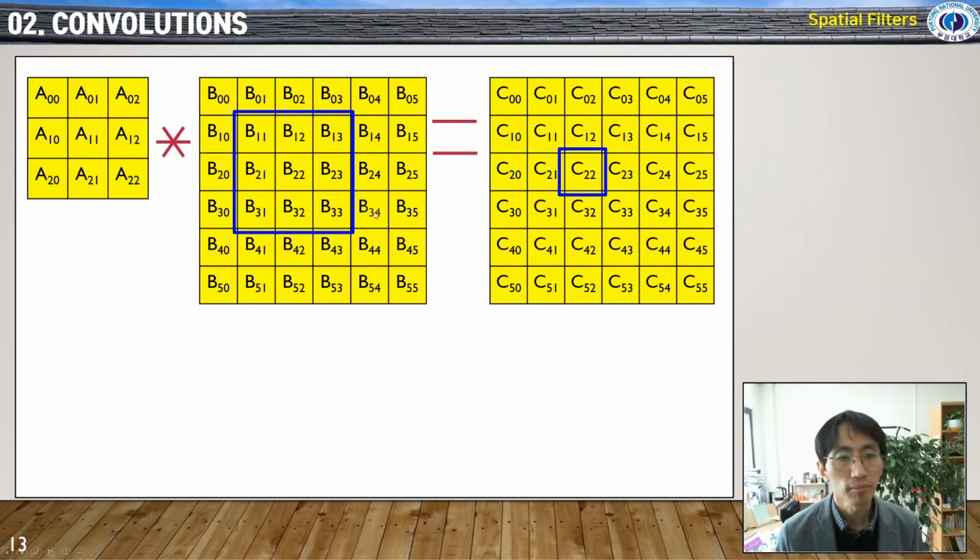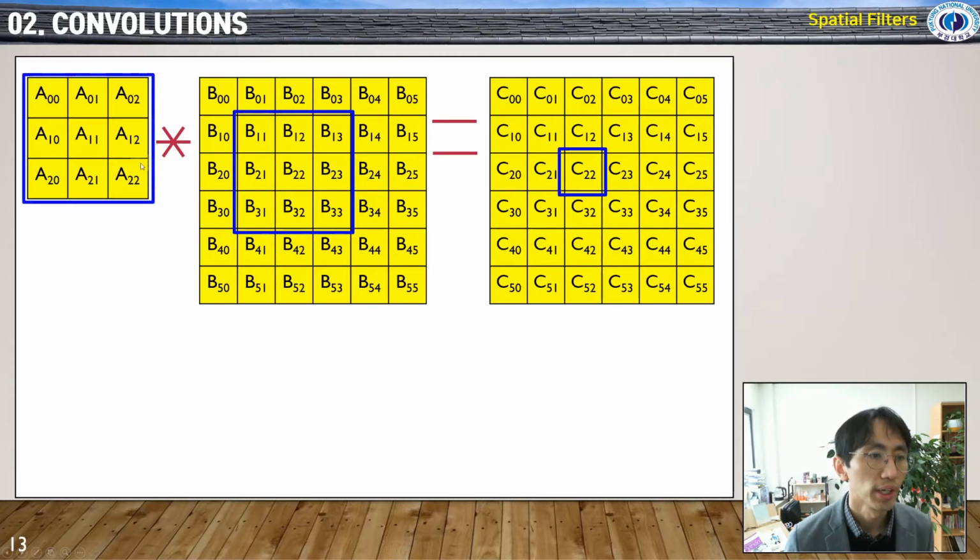Anyway, this is the simplest case. So to calculate C22, you need the sub-matrix over here from B11 to B33. And you may calculate the convolution between this filter matrix and this sub-matrix.